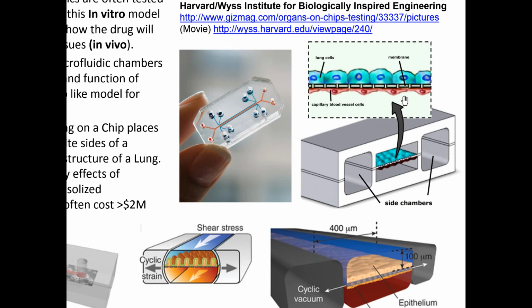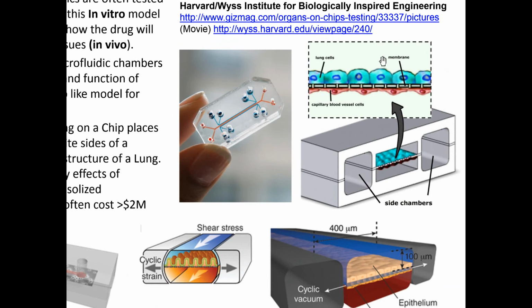So your blood becomes oxygenated there. The structure of one of the alveoli, or the sacs in your lungs, looks something like this, where you have capillary blood vessels on one end. So this is a blood vessel wall. You have a membrane, or something separating them. And then on the other side, you have the lung cells, and this would be exposed to air.